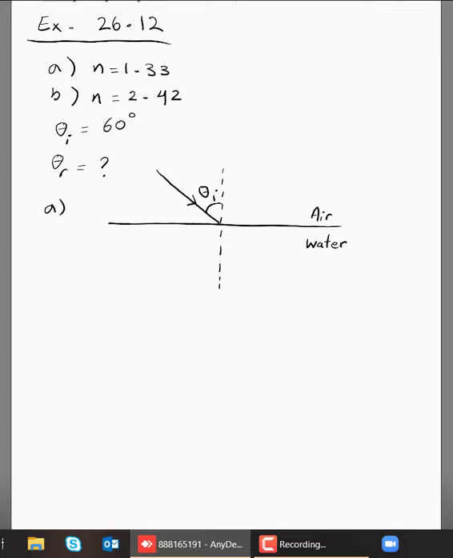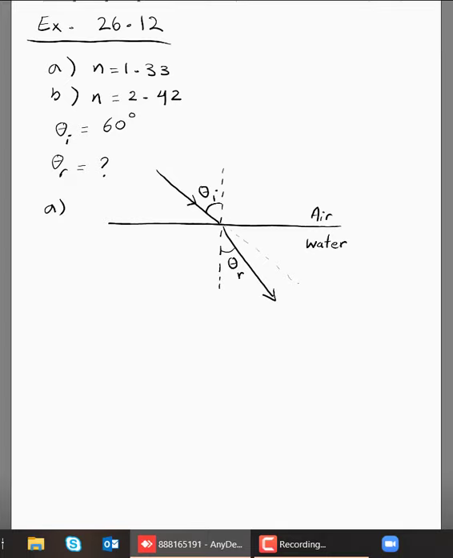Instead of just going straight, it will bend, and because it is going into the denser medium, it will get closer to the normal. This is something we want to know: if light goes from a less dense medium to a more dense medium, it will get closer to the normal line. So this is my theta r.